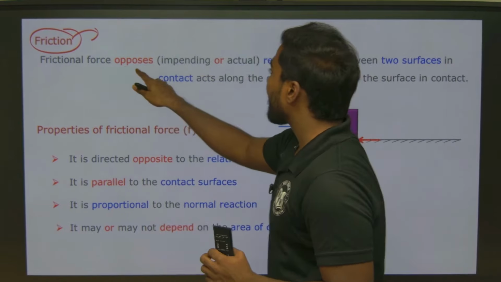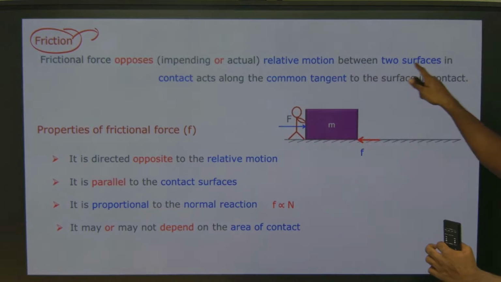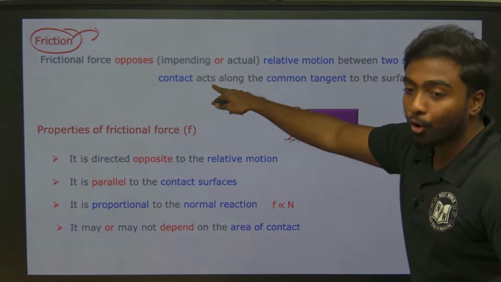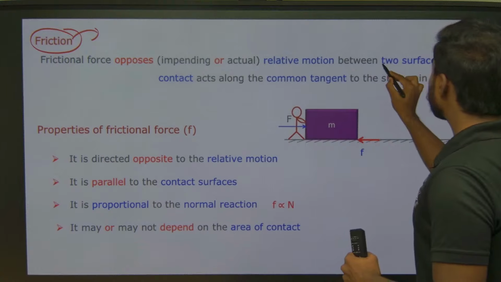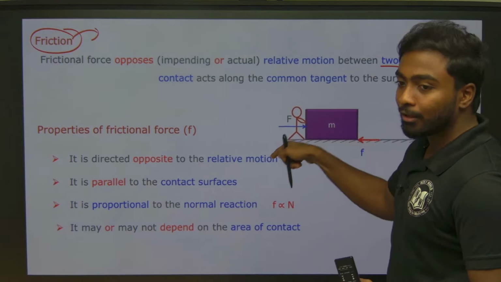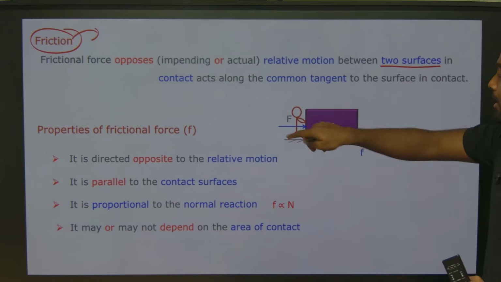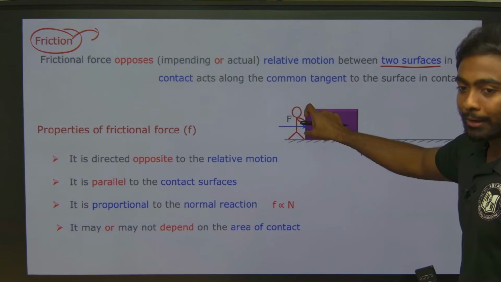Frictional force opposes a relative motion between two surfaces when they are in contact. Only when objects are in contact will the friction force act. A person is applying a force over here.